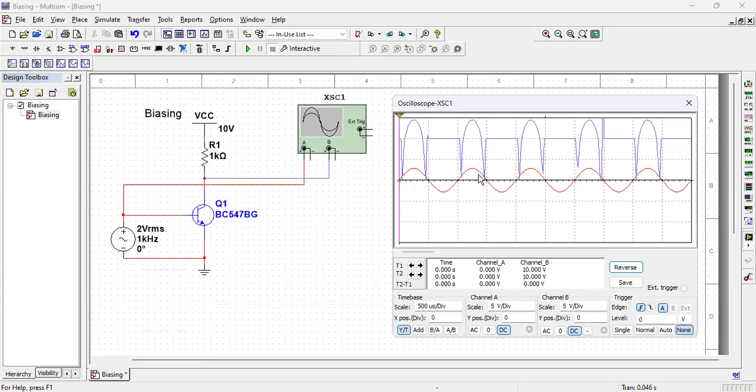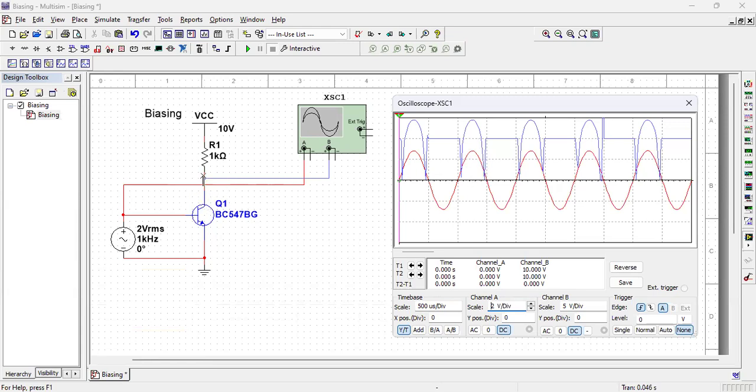Now, I do one thing. I'll increase this red line, then I can explain to you what really happened. Let's see. This red line is in positive half, right? When the red line is in positive half, then this base was forward biased and there was a base emitter current flow.